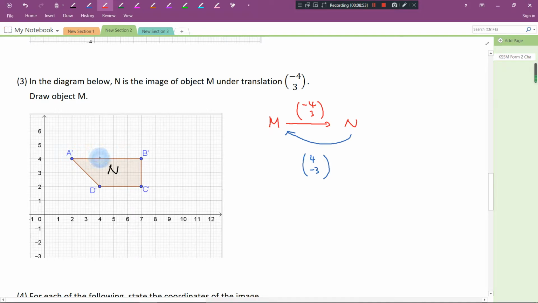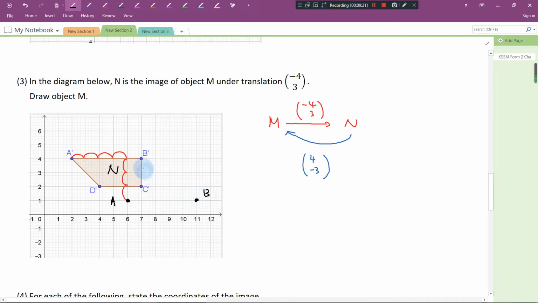1 2 3. Let me draw. 1 2 3 4, and then go down 3 steps. 1 2 3. So this is the object, not A prime but A. And then I start from here, it will be faster. 1 2 3 4 5. 1 2 3 4 5 over here.